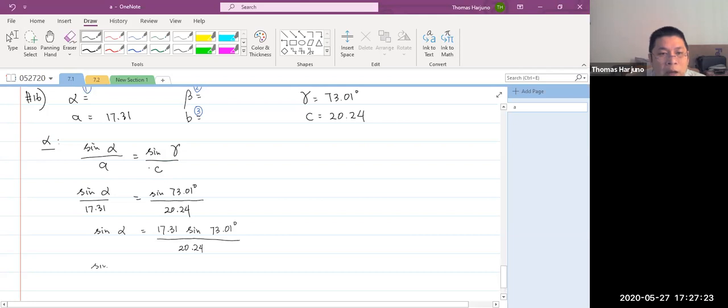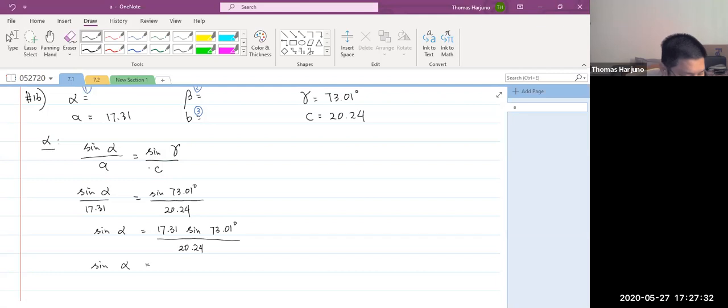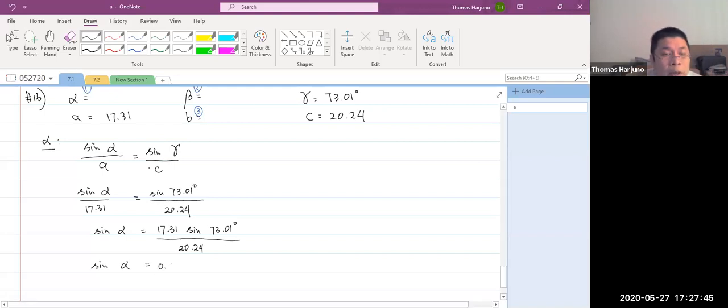So my sine alpha will be, I get 0.81791. Notice that I always round it to 5 decimal places.